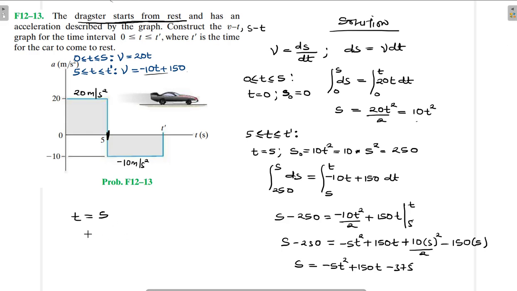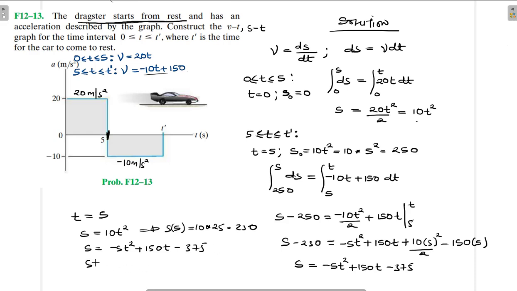So we have S is equal to 10t squared, and then we have S is equal to minus 5t squared plus 150t minus 375. So S of 5 is going to be equal to 10 by 25, which is equal to 250.